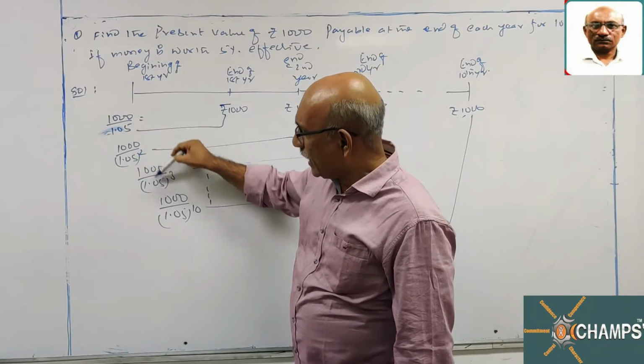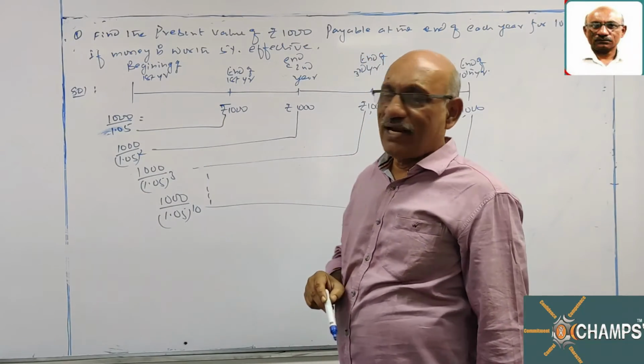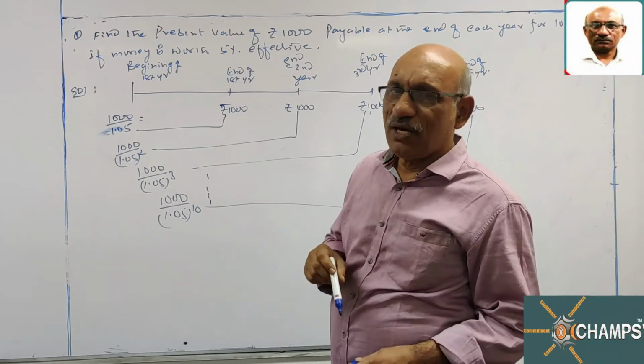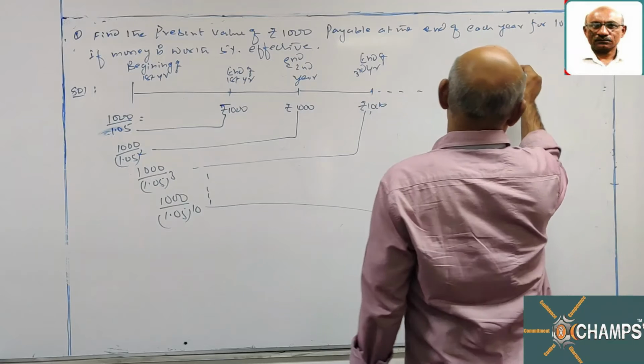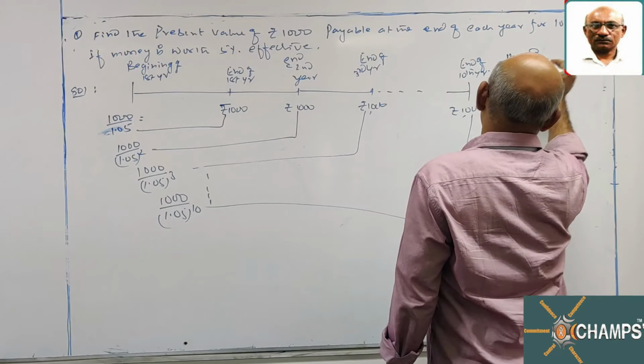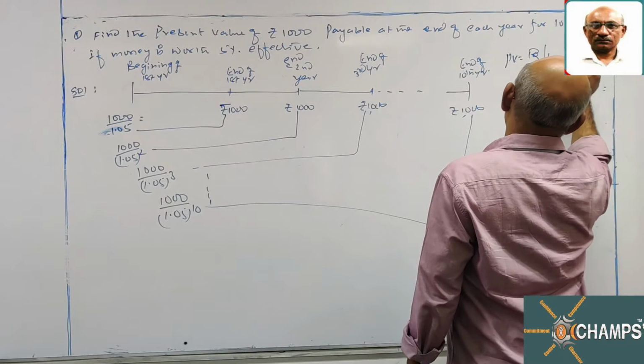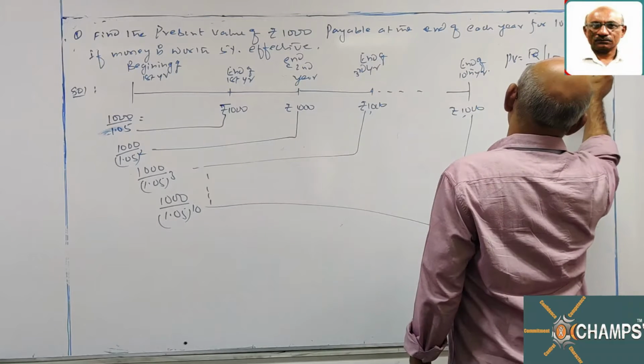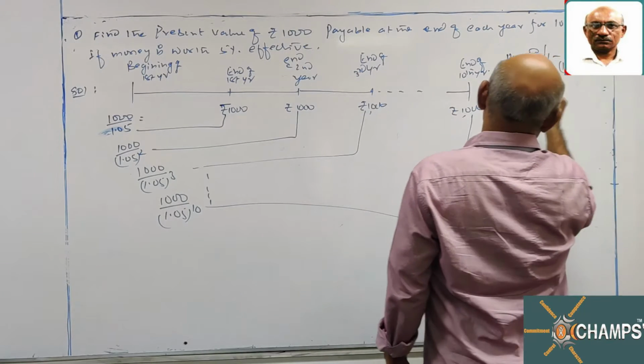Using your calculator individually, you have to find out their values and add. More time consuming. So how can we proceed? Present value is equal to R by i into 1 minus 1 by (1 plus i) whole power n.